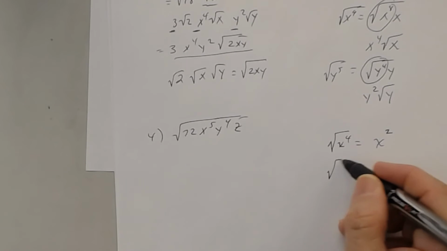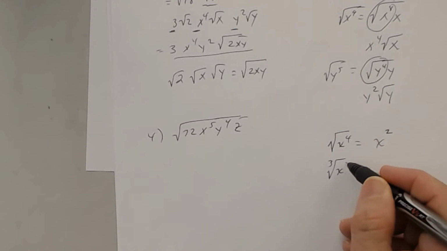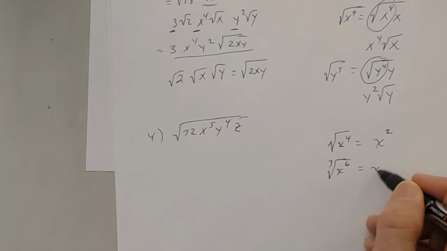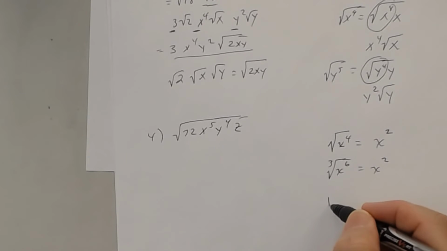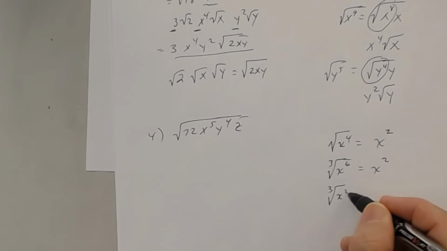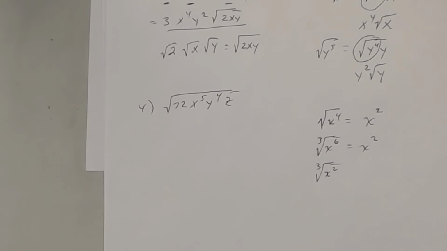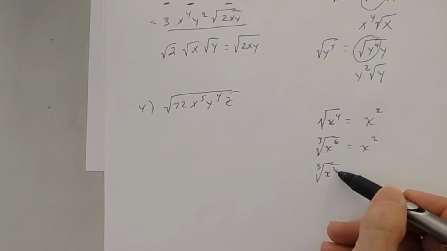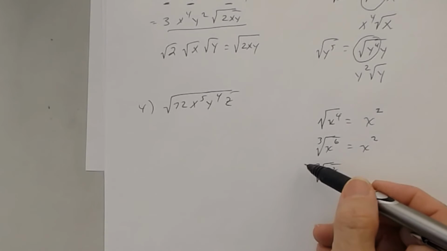Can I simplify the cube root of x to the 6th power? Yeah, that'll be x to the 2nd. Can I simplify the cube root of x squared? No. Why not? Because the exponent right here is less than the index.